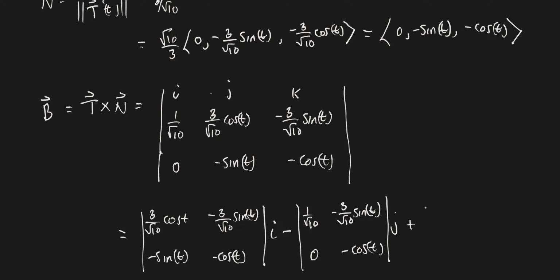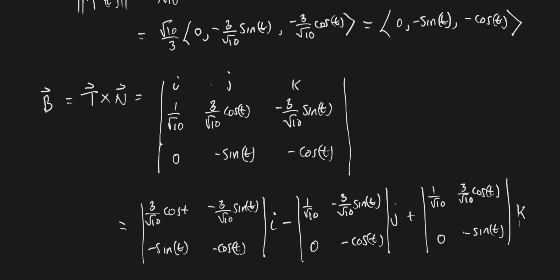And then plus, finally, blocking out the third column, we're left with 1 over root 10, 3 over root 10 cosine of t, 0, and then negative sine of t, and that's times k, right?